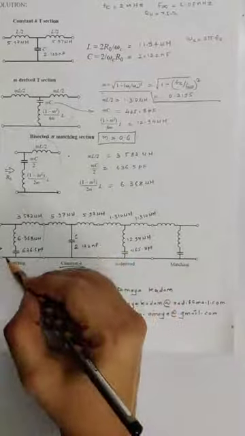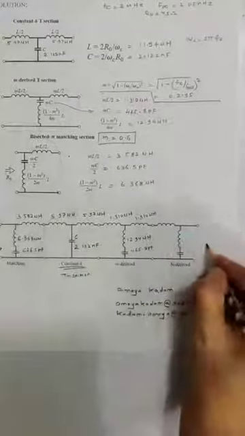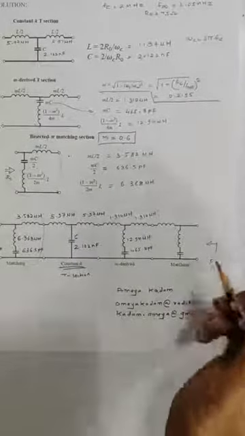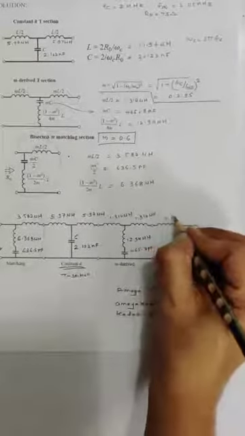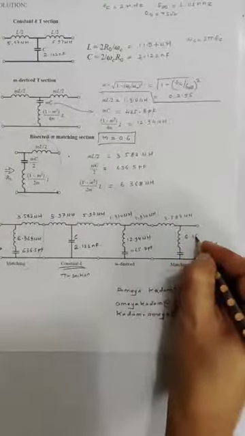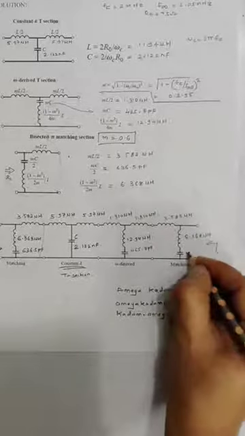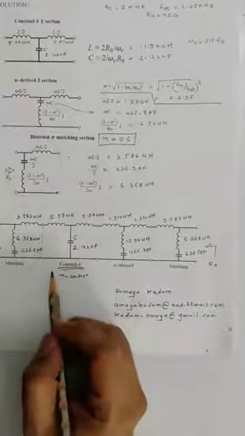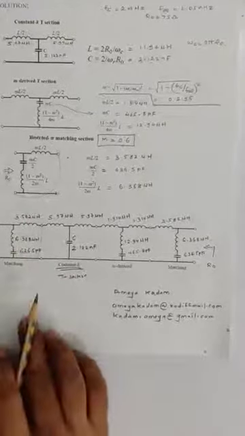Now we will have a mirror image of this matching section over here to provide the output impedance nearly equal to R0. R0 is nothing but the nominal impedance. So that completes the design of the low pass composite filter for a given specification.